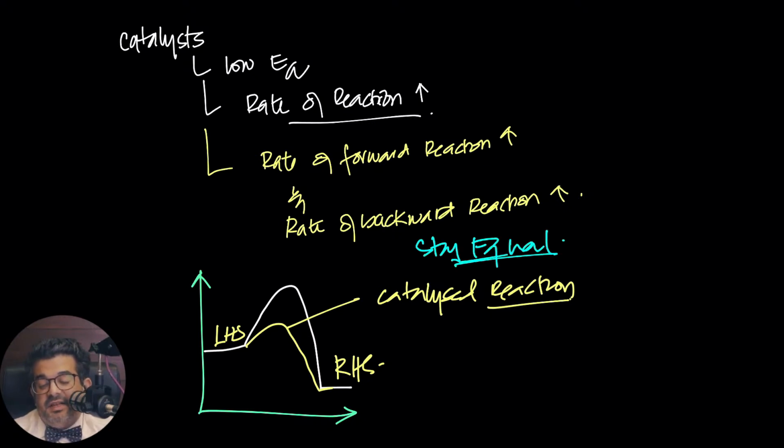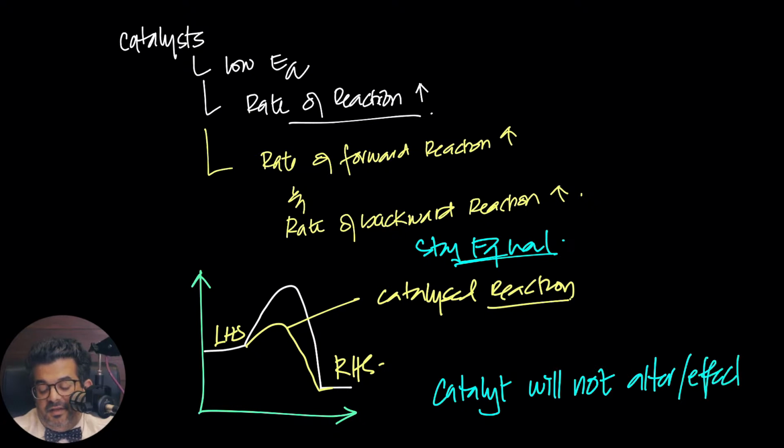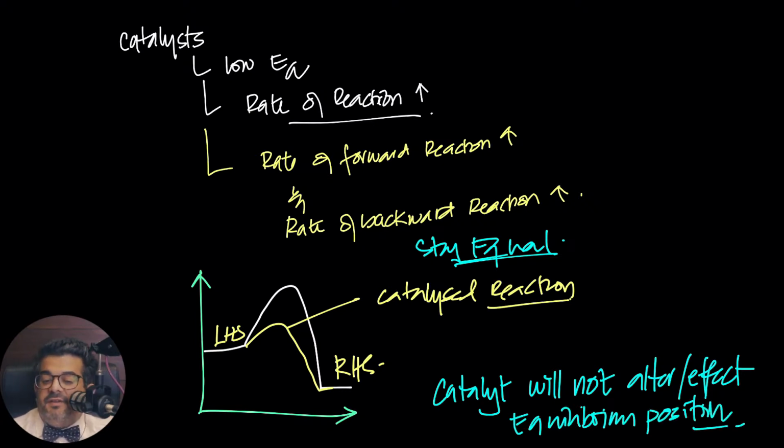And because the rate will stay equal, a catalyst will not affect equilibrium position. So catalyst will not alter or affect an equilibrium position. That's something that you have to remember. So what effect does the catalyst have on rate?